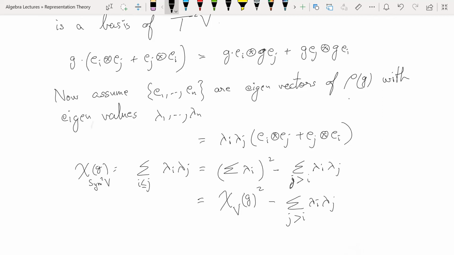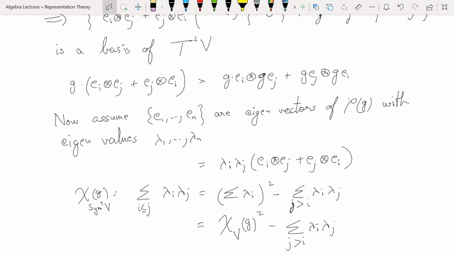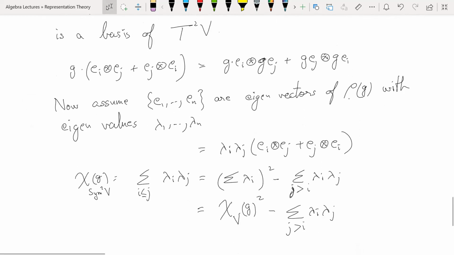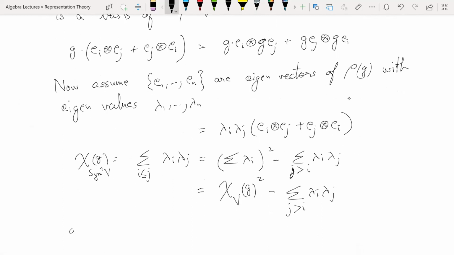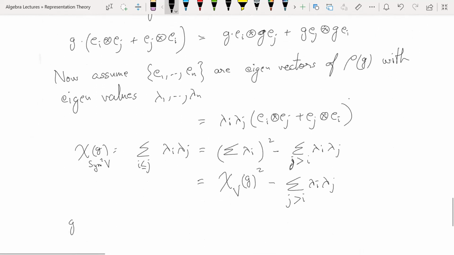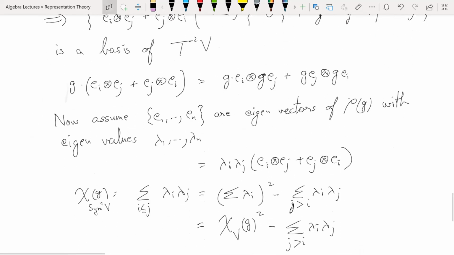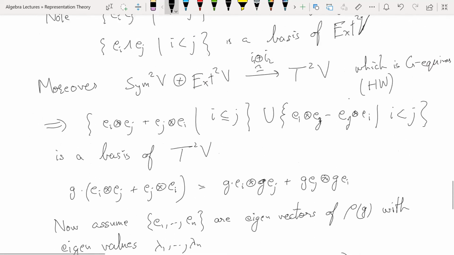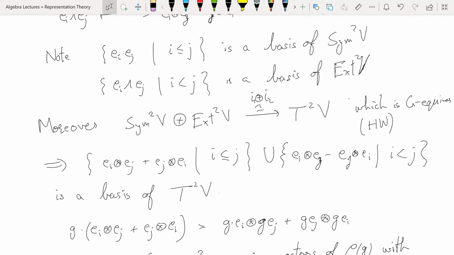Okay, so now let's apply the same thing. Is it making sense so far? I'm trying to do the calculation. This is just some calculation. Now let's work out the other pieces in the basis. What I'm trying to do is identify Sym^2 V with a subspace.